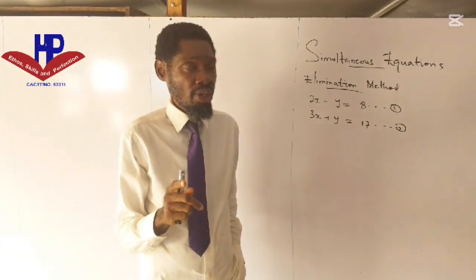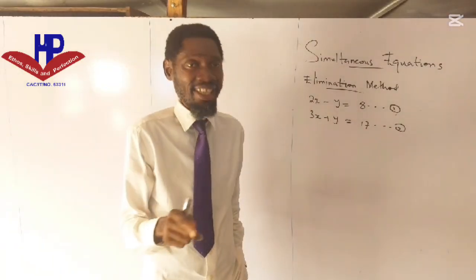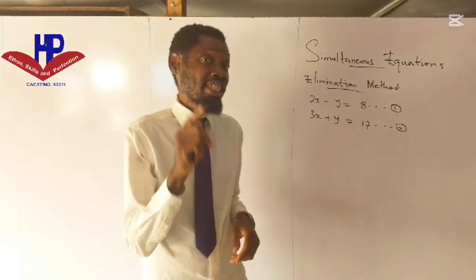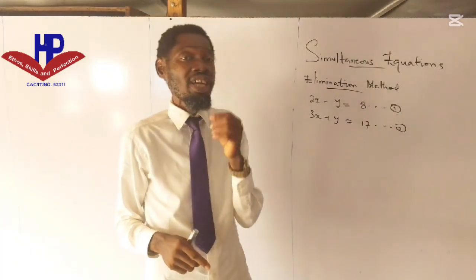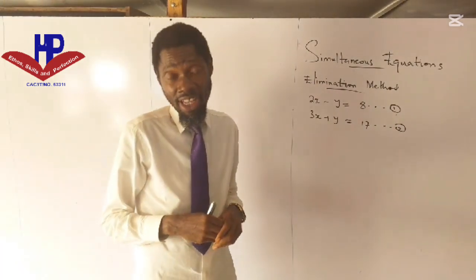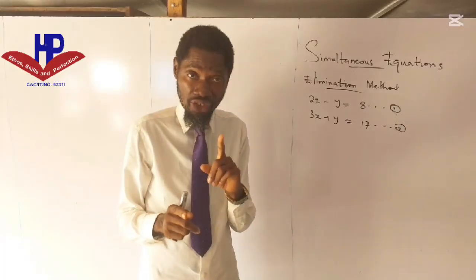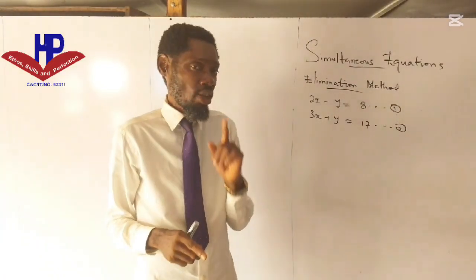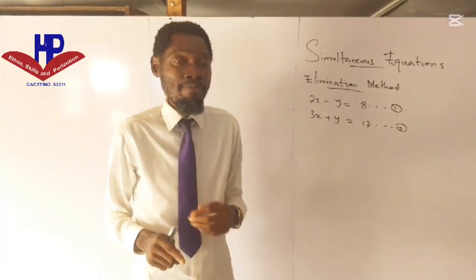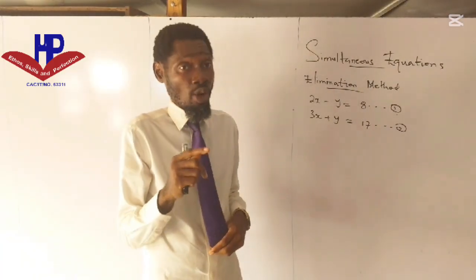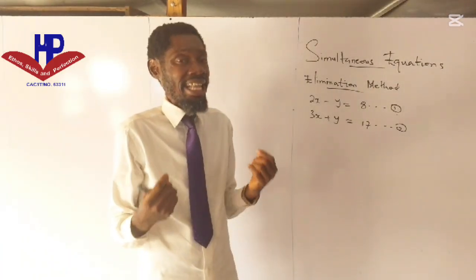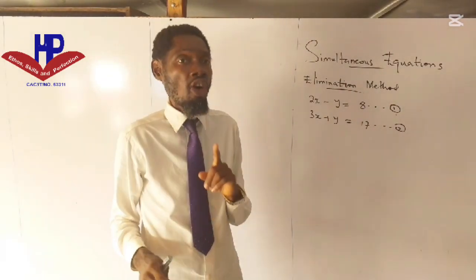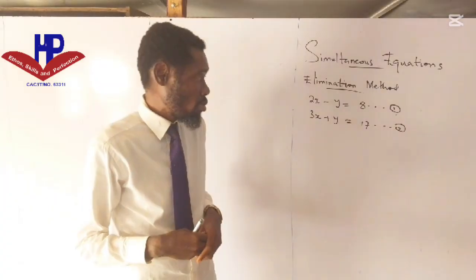But if I ask you, in 2 plus x, what is the coefficient? You won't tell me 2, because 2 is not attached to x by times. The operation between 2 and x is plus, so 2 will not be the coefficient of x. Rather, the coefficient of x will be 1, because x alone has a hidden coefficient, and that number is 1, standing close to x by times or by division. So you must note that.